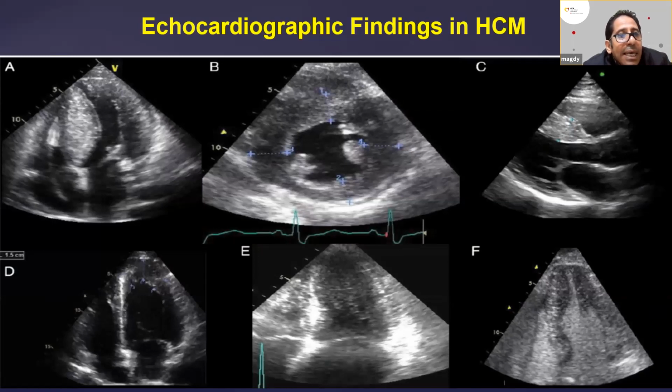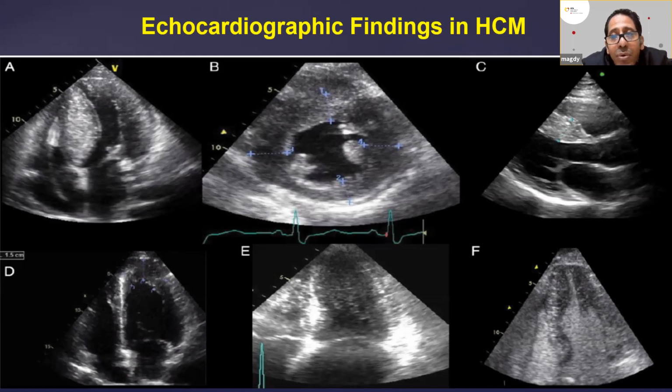A classic picture shows the hypertrophied septum and diffuse hypertrophy of the septum and posterior wall, and we can see an ICD lead in the right side chambers as well. Parasternal short axis view at the level of papillary muscles, we can see the diffuse hypertrophy. And interestingly, many years ago, Maron's classification for hypertrophy: type 1 involving the anterior septum, type 2 anterior and posterior septum, type 3 anterior, posterior, and lateral wall as well, and type 4, which is the apical hypertrophic cardiomyopathy.